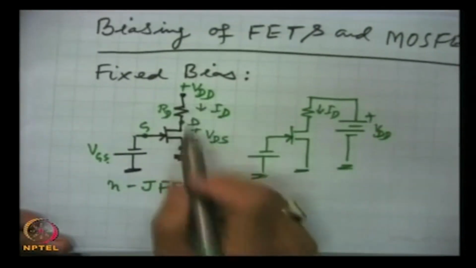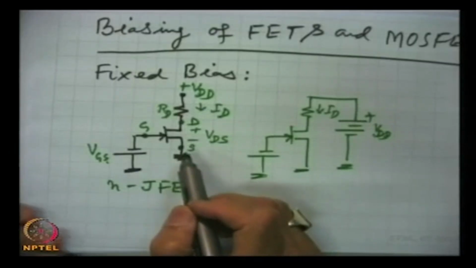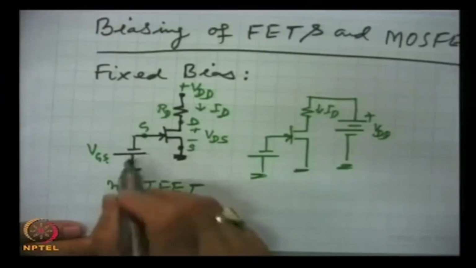Temperature variations are very common in electronic circuits, and that will change the characteristics. And unless precaution is taken, this point we have discussed in much greater details in the bipolar transistor, that fixed bias is no good.